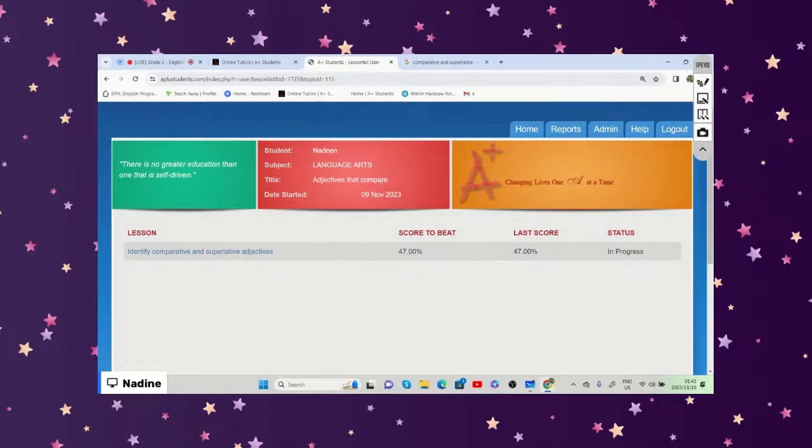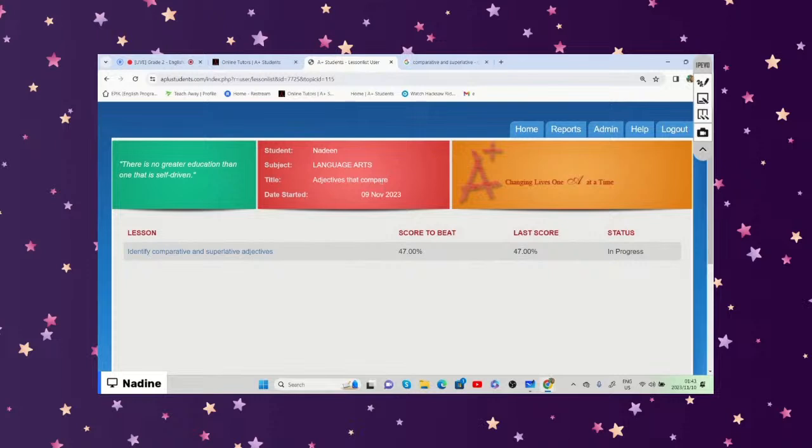And then we have a superlative adjective. So identify comparative and superlative adjectives.